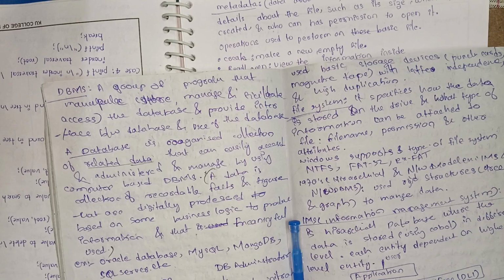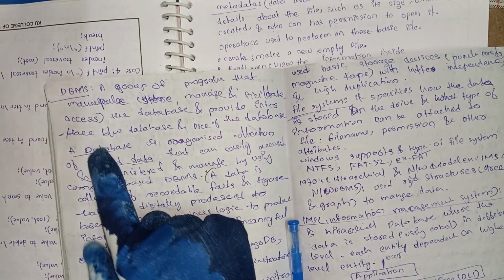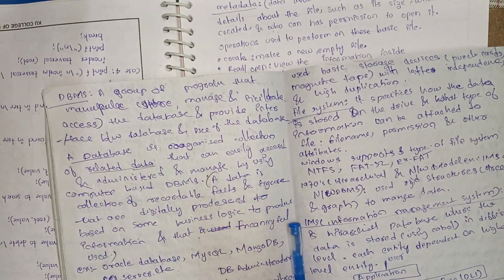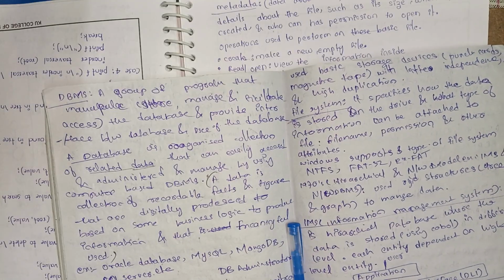So we will see what is data. We have understood what is database. It is an organized collection of related data. So what is data?